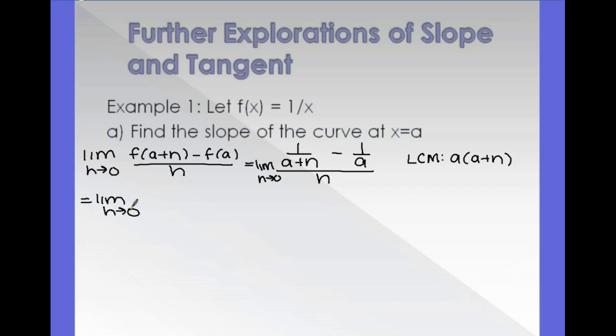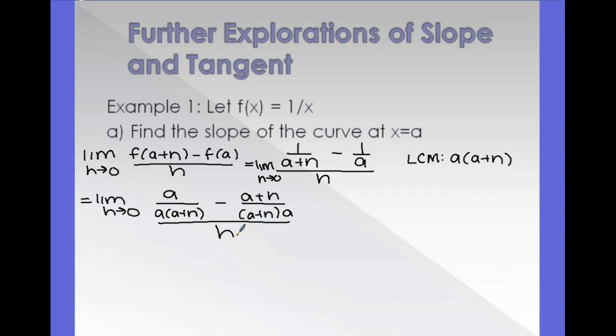So on the left, we have to give it an a, and on the right, we have to give it an a plus h. So we get a over a plus h, multiplied by a over a. And on the right, we're going to multiply by a plus h over a plus h times the already there a. So now we have an LCM.